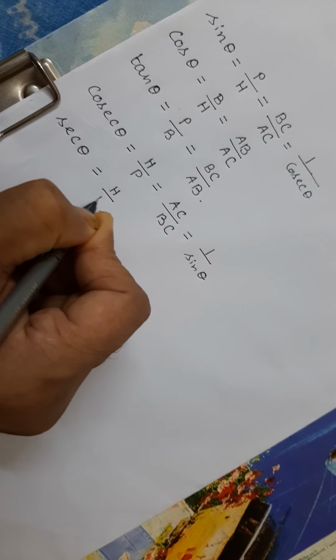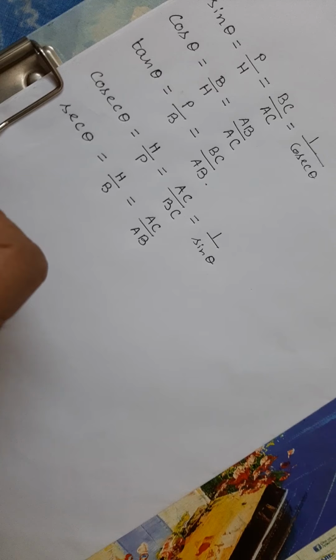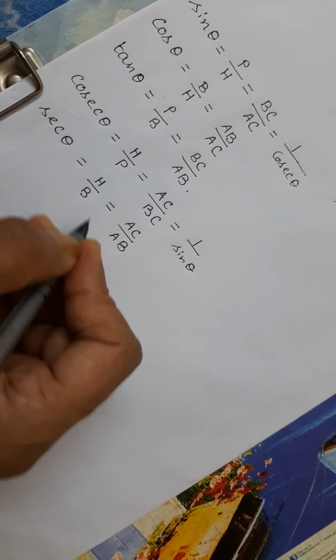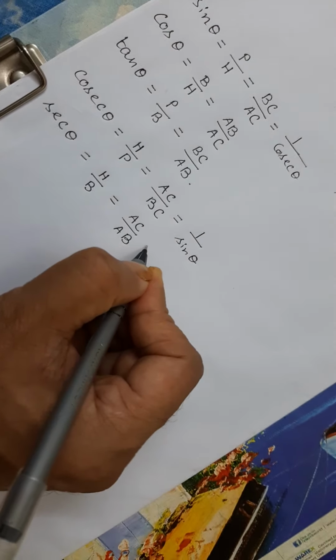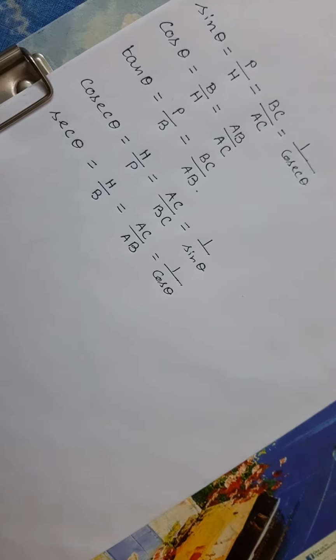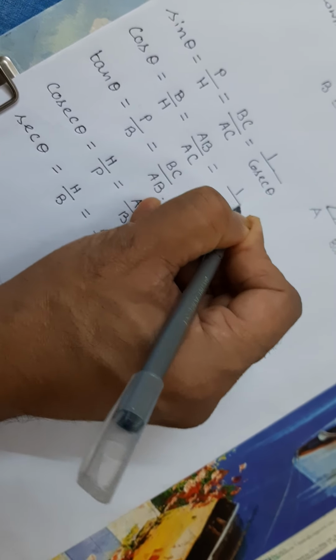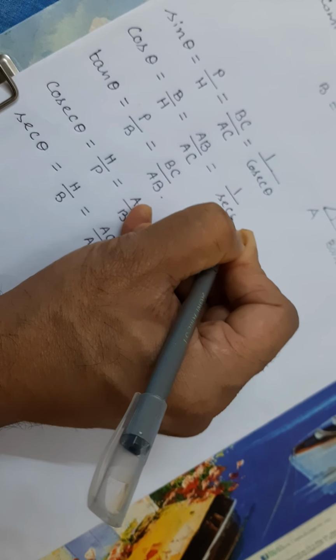AC is hypotenuse, AB is base. So sec is the reciprocal of cos, that means sec theta equal to 1 by cos theta. Similarly, cos theta equal to 1 by sec theta.